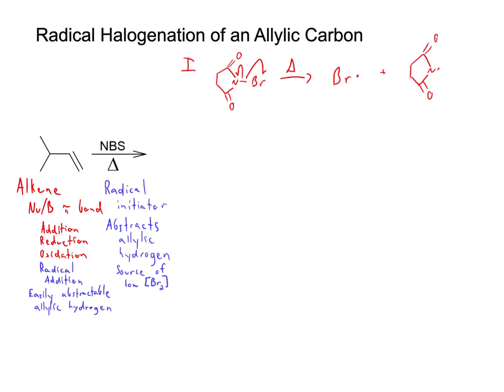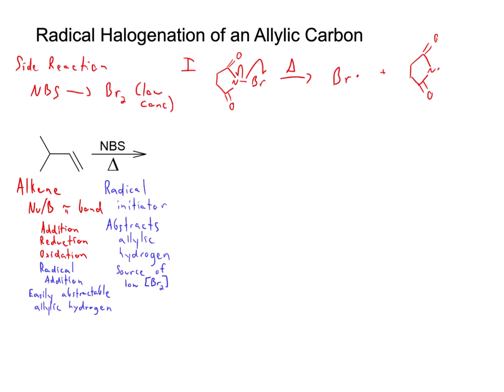So this is not part of the initiation or propagation or termination steps, but it's important to understand how the reaction works. So I'm going to draw this side reaction over here. And I'm just going to use abbreviations. So instead of drawing out NBS, I'm just going to write NBS. And NBS is going to create Br2 for us. And again, we're going to say that this is low concentrations.